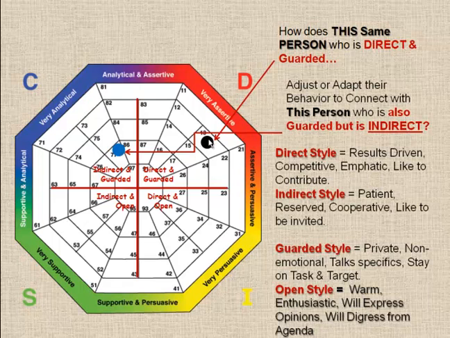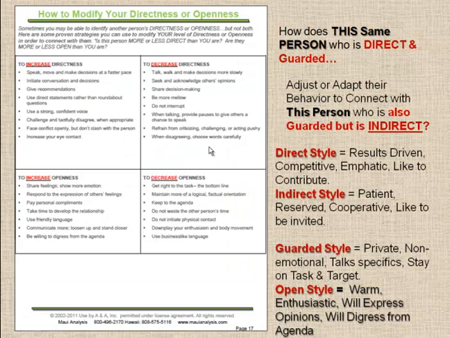So when this person wants to connect with this person, they're going to decrease their directness. And this person is going to increase his or her directness, going this way. So here's how we do it. In order to increase or decrease your directness, you follow these strategies. It's just that simple.